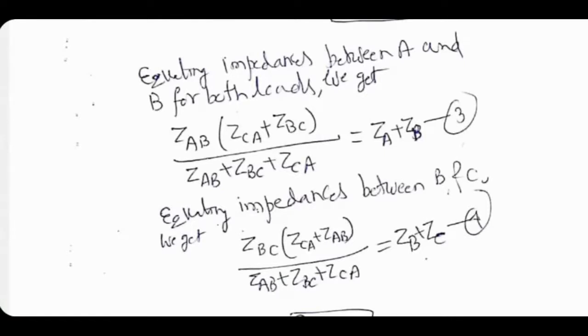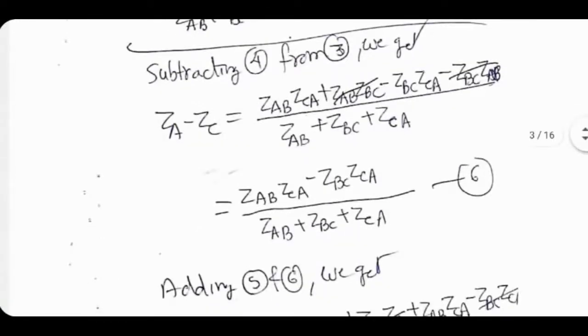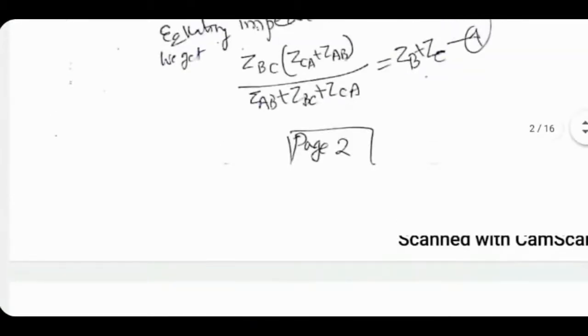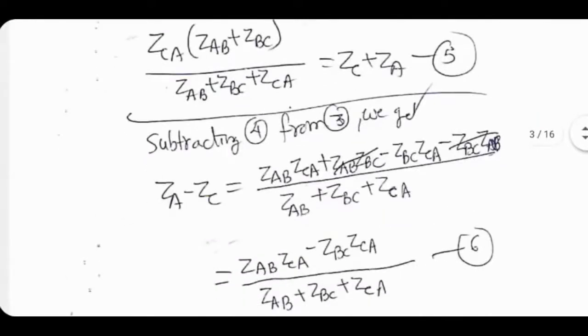I get a result for ZA minus ZC equal to something. ZA minus ZC turns out to be given by equation 6. And equation 5 gives me ZA plus ZC. So I can solve 5 and 6 now to get ZA and ZC.